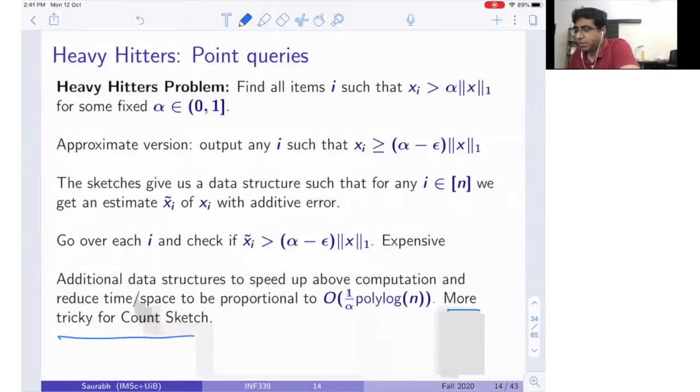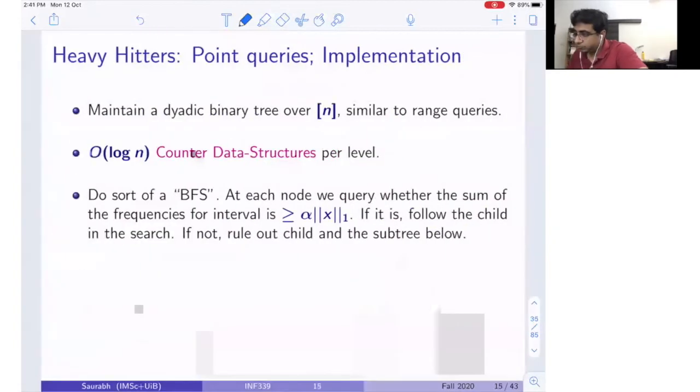Does some idea from the previous range query algorithm help? What I'm going to do is maintain a binary tree over n, similar to range queries.